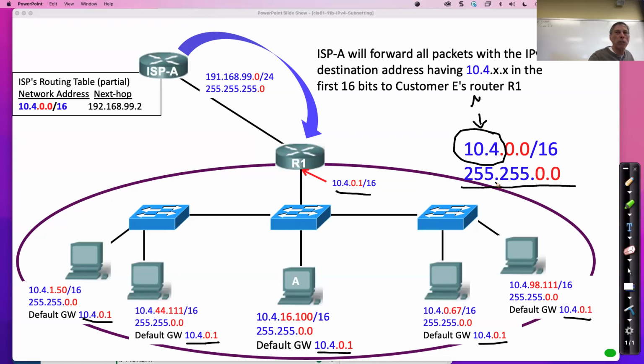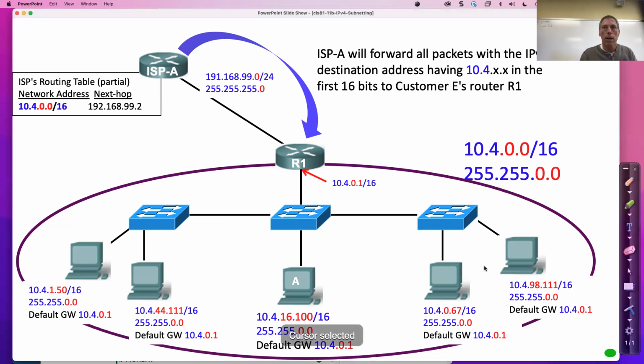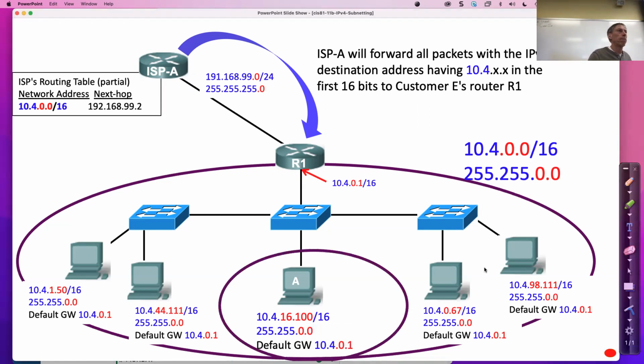So when we extended this mask to include this second 255, it's now saying that the first 16 bits, two decimal digits, is the network portion of our address. 10.4. Okay.